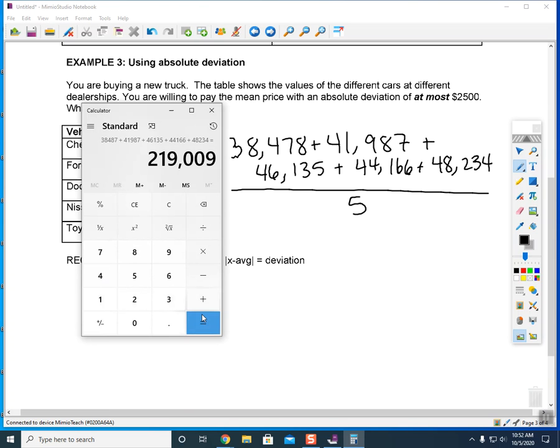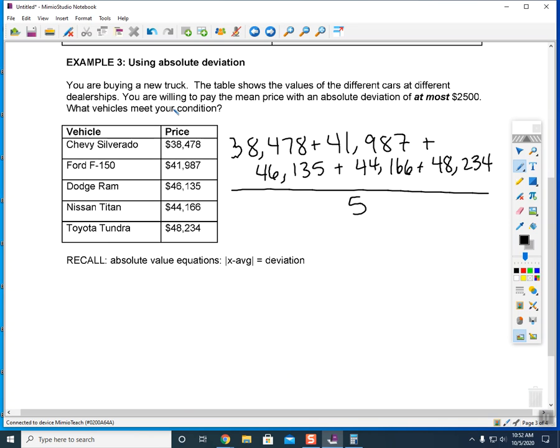Okay, so that should give me, oh, I messed up somewhere. Which one did I? Oh, I messed up the first one. Okay, so this is what you should have gotten, 219,000. So I'm going to divide by how many there are. That gave me a total of 43,800.